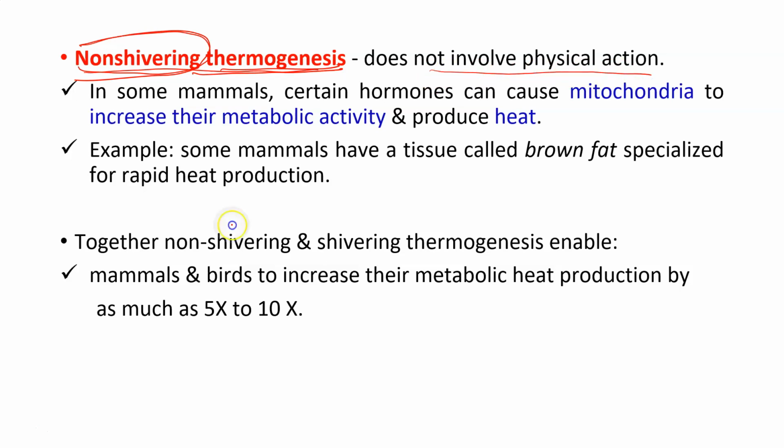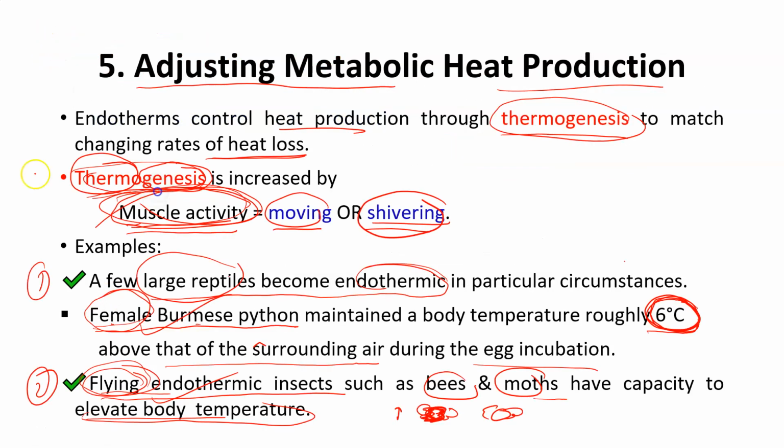Okay, for this animal. So in some mammals, certain hormones can cause mitochondria to increase their metabolic activity and produce heat. Example, some mammals have tissue called brown fat specialized in rapid heat production. Okay, so this is what we call non-shivering thermogenesis.